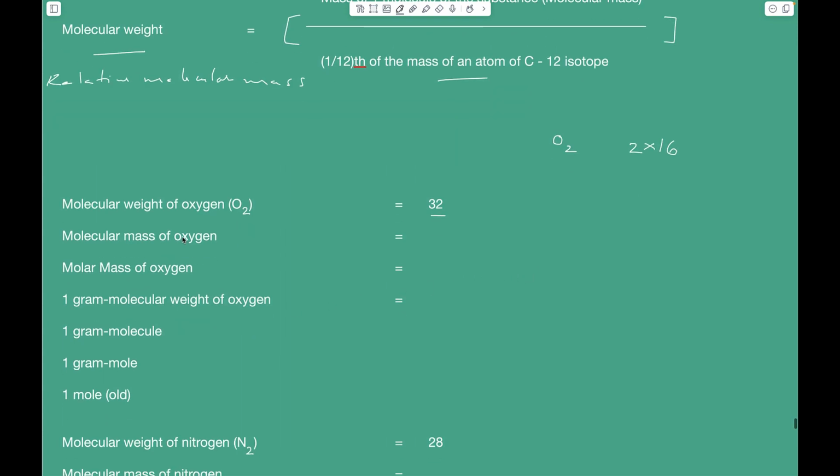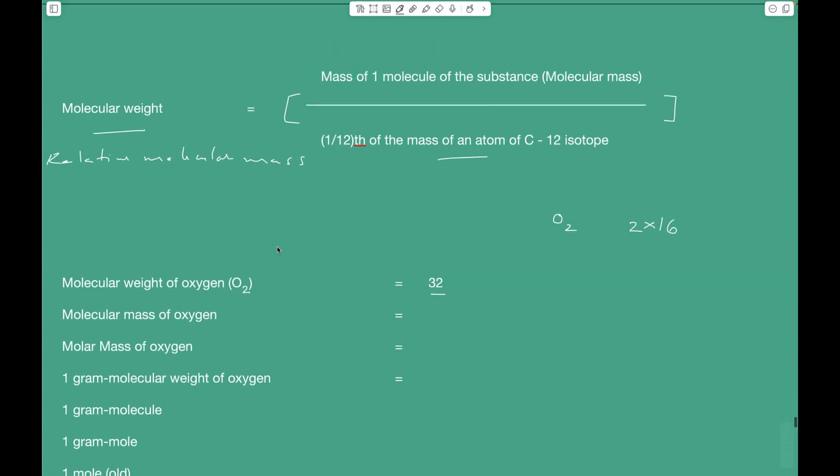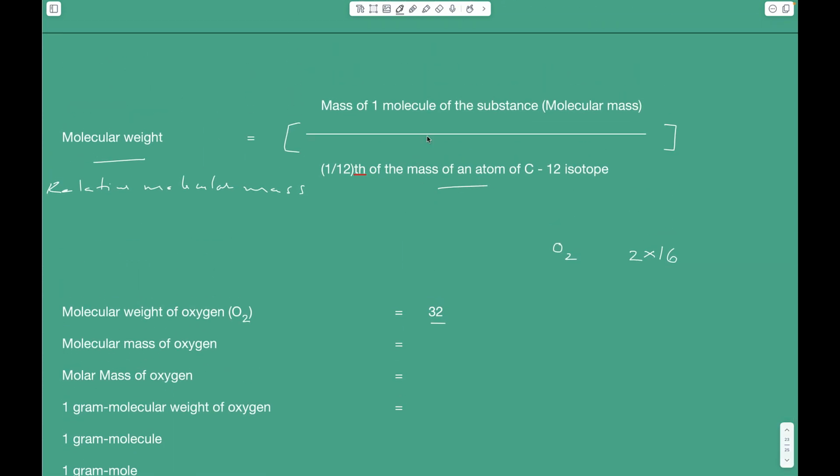Now what is the molecular mass of oxygen? See, molecular mass is nothing but the mass of one molecule of the substance. So it represents the physical quantity called mass. So you have to express it in units of mass. So if you express it in unified atomic mass units, molecular mass is nothing but its molecular weight numerically.